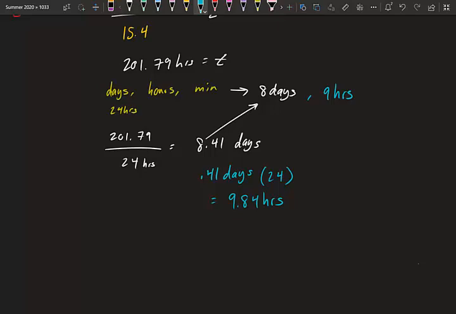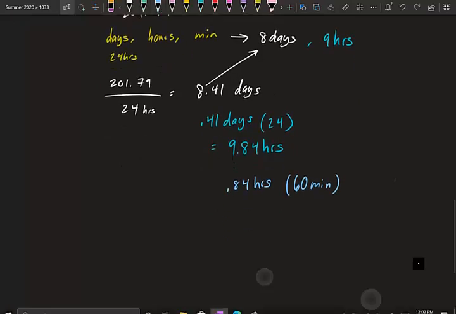Now we're left with 0.84 hours. We need to switch that to minutes. There's 60 minutes in an hour. So 0.84 times 60, and it's about 50 minutes. So 201.79 hours is about 8 days, 9 hours, 50 minutes.